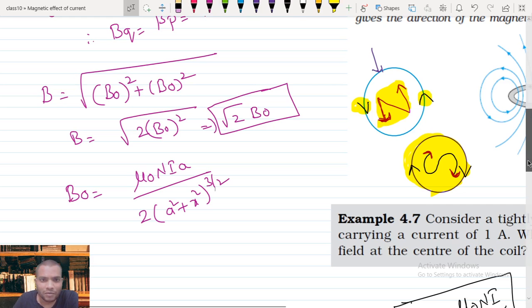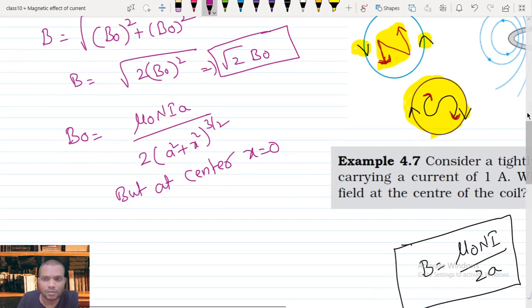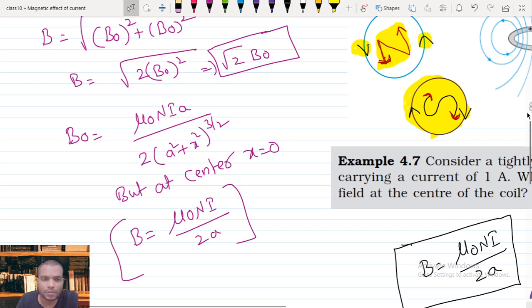But here we are finding it at the center, so I can take x equal to 0. At the center, with x equal to 0, the formula changes to B equals mu naught n I upon 2a. So this is the magnetic field at the center.